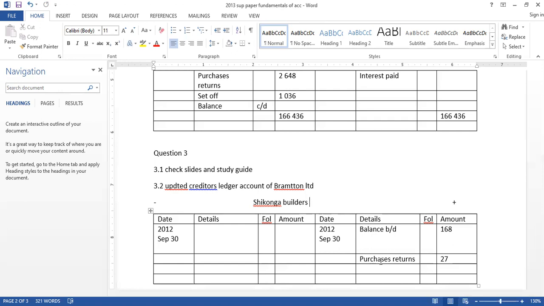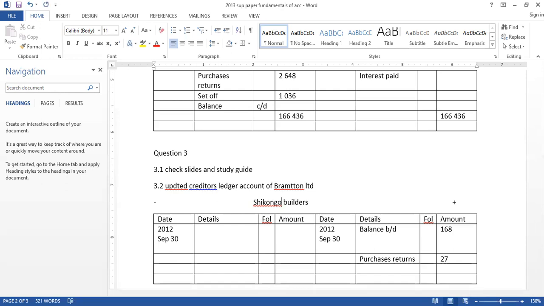So now we compare again, looking at the figures. Those are the only items that are not recorded, the only transactions that were supposed to be recorded in the Chikongo builders.